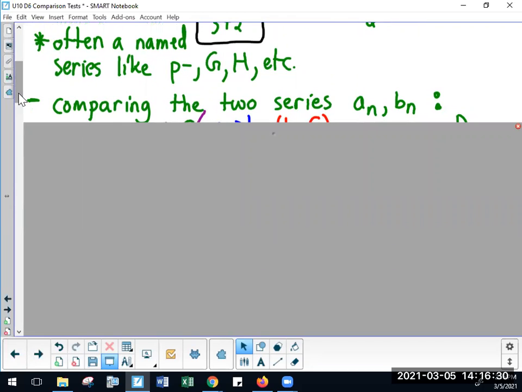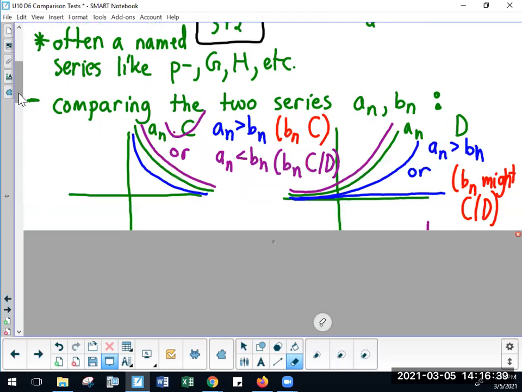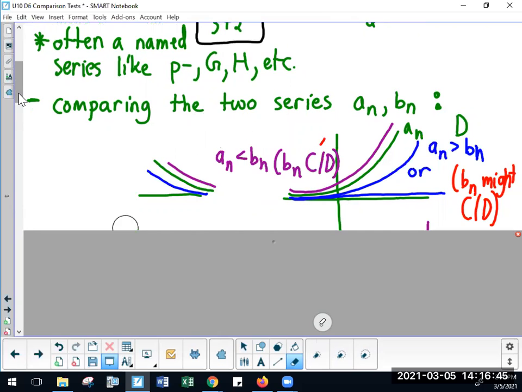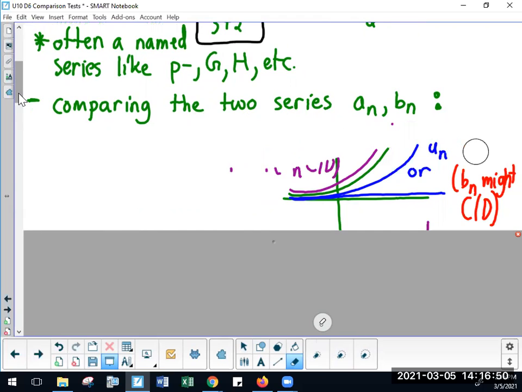It doesn't matter which one. One of them is the new series, the one I came up with to compare to. That's B sub n. And we're going to do some informal math proofs. I'm going to draw you some sweet pictures.